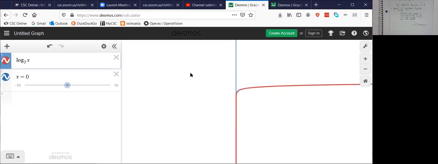So that's what we mean when we say that a logarithm has a vertical asymptote.